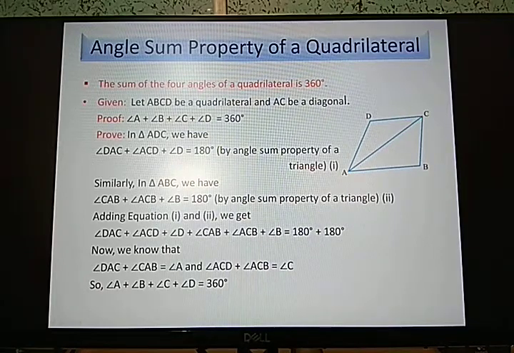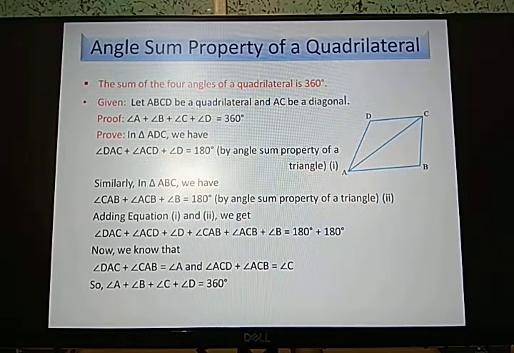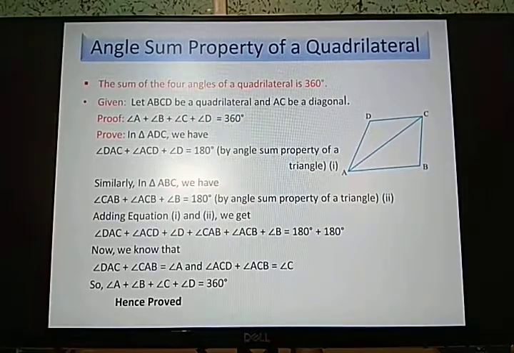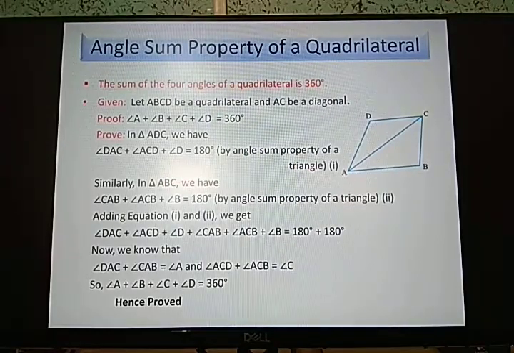This is what was required to be proved. Hence we have proved that the angle sum property of a quadrilateral holds, which states that the sum of all four angles is equal to 360 degrees.